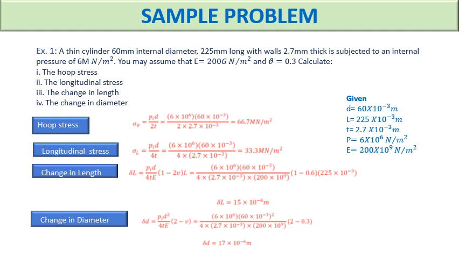Next one is the change in diameter, delta D. The equation for the change in diameter is given by PD square divided by 4TE, whole multiplied by 2 minus nu. If you substitute the values, we will get the answer, delta D is equal to 17 into 10 to the power minus 6 meter. The only thing in solving the problem is that you should be very careful about the units and you have to write the formulas correctly. Thank you.